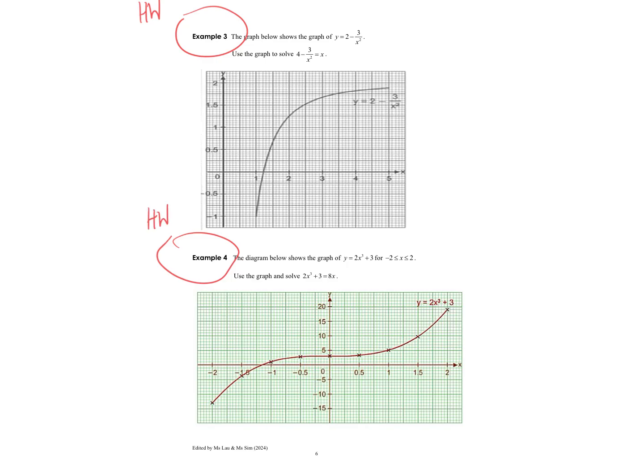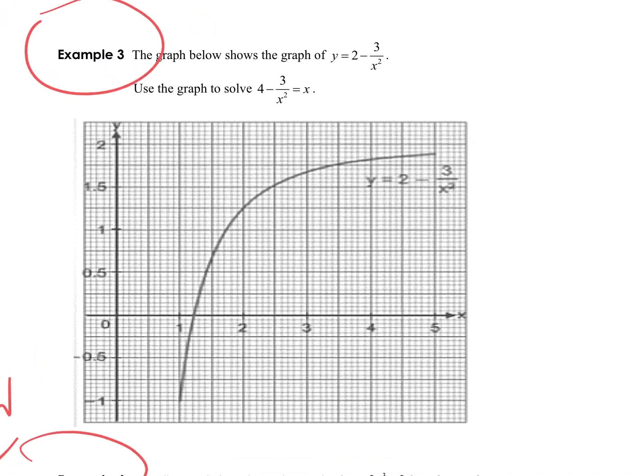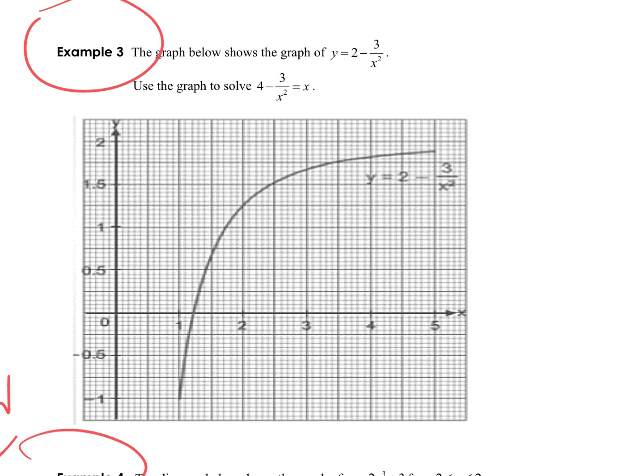Okay, here now it's just finding the suitable line. This is my original, the one that I already plotted out that you see on the diagram. Then they say, can you solve this? So you know you need to make use of this equation and relate back to the original.